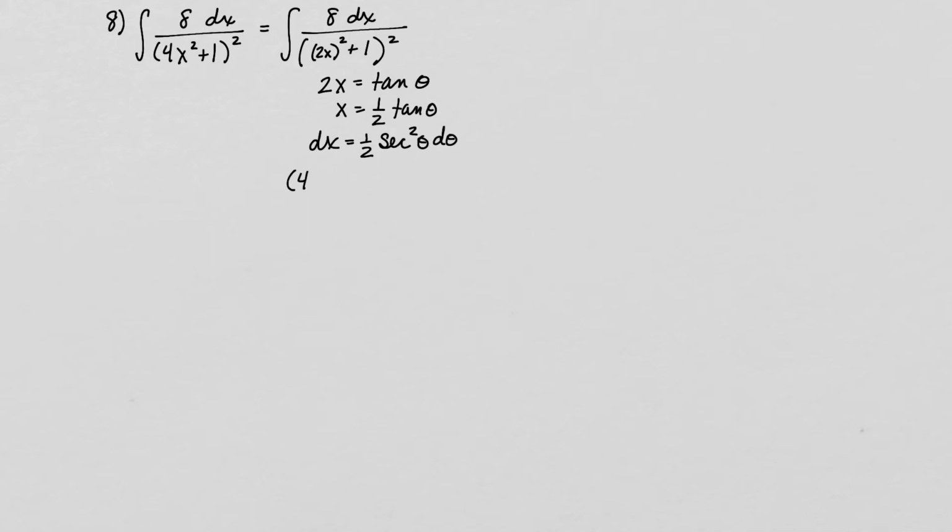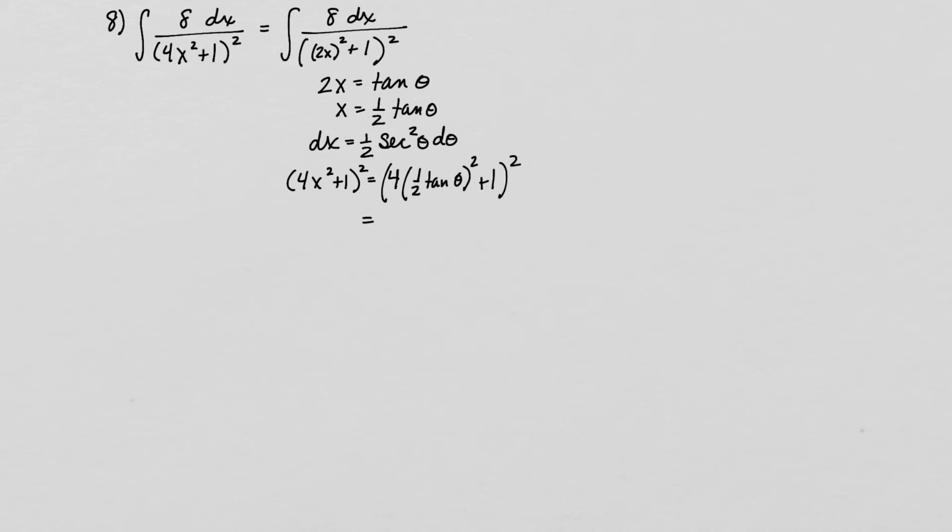And if I look at 4x squared plus 1 squared, x is 1/2 tangent theta. So this is going to be 4 times 1/2 tangent theta squared plus 1 all squared.